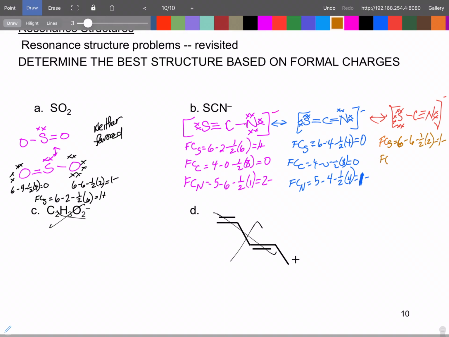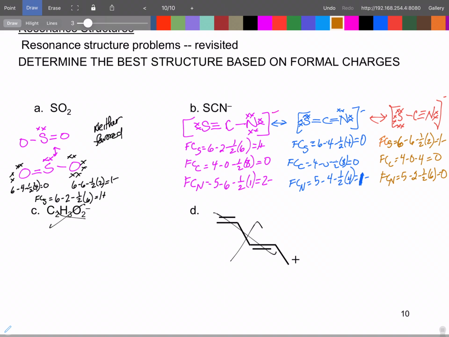Formal charge of carbon, and if you don't want to do this one again, we've done it several times, it's still 0. So the formal charge of nitrogen is 5 minus 2 minus 1/2 of 6, which is 0.